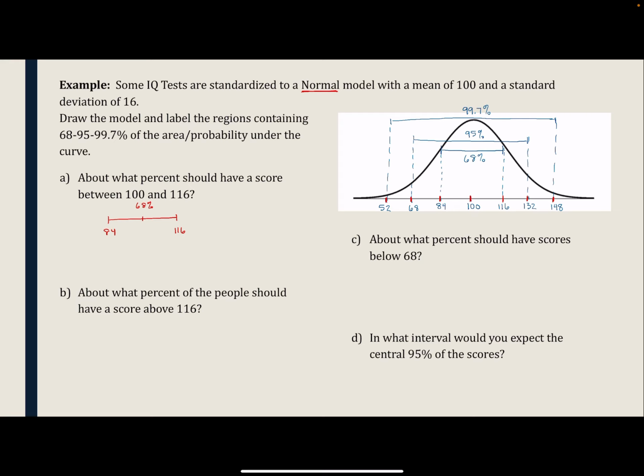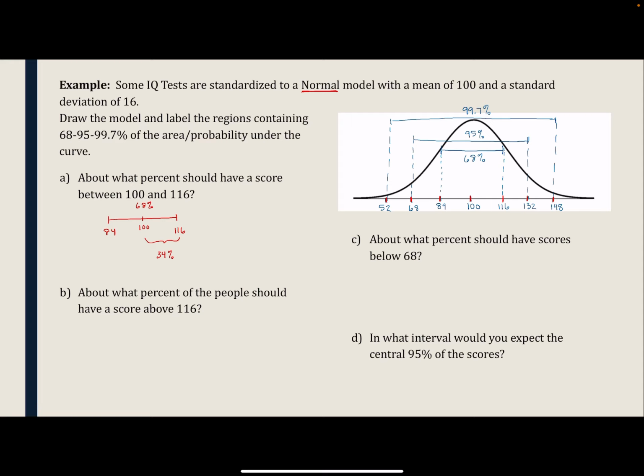And we know that 100 is directly in the center of this. So if I want to know the distance between 100 and 116, I can divide the 68% by 2, and I'll know that 34% of the data then should be between 100 and 116.